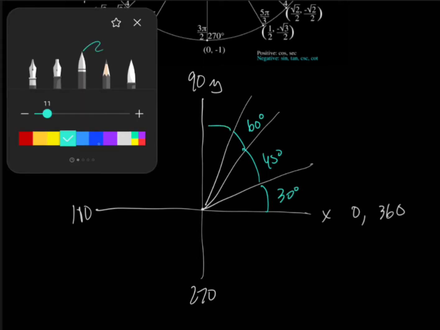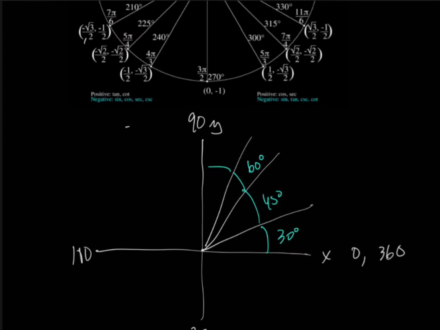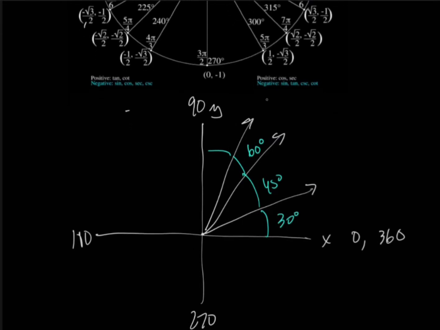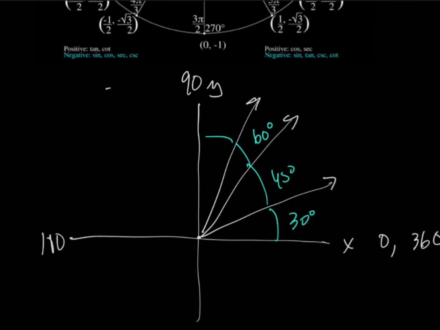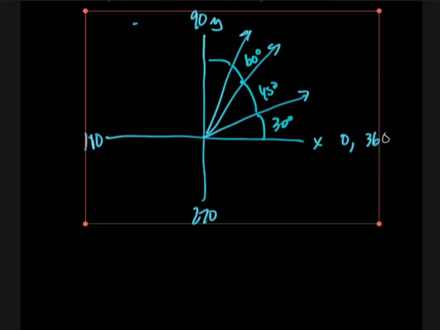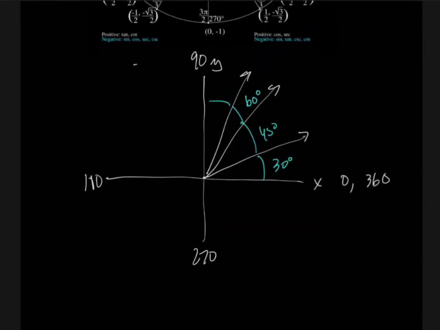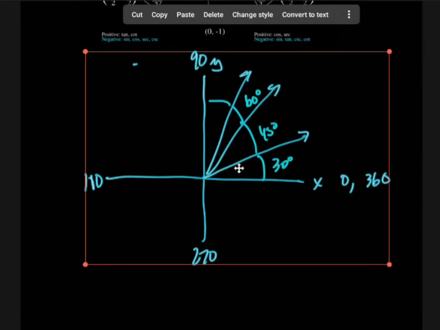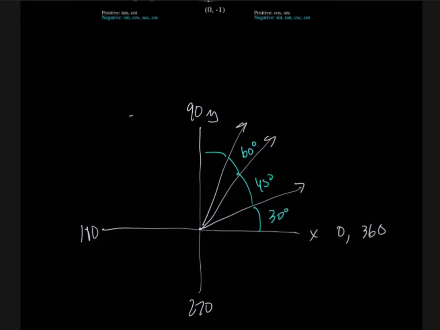Okay. So as you know, every single one of these pertains to an x value and a y value. These are vectors, so these have components, and the components are actually super easy to memorize. Okay.